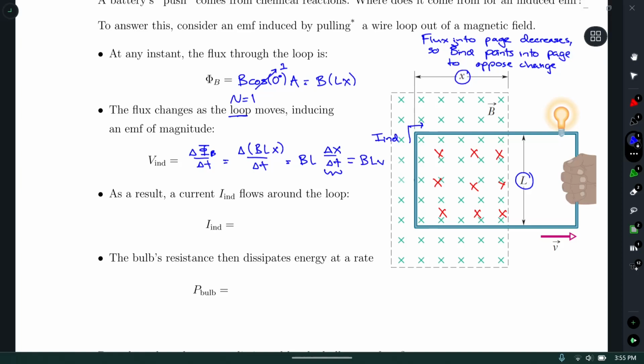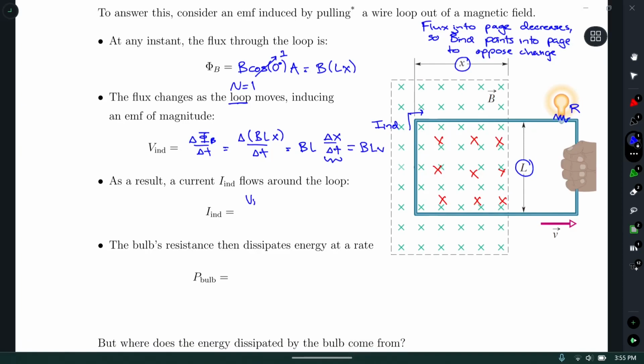So the current comes from knowing the resistance of everything in our circuit. That will primarily be the resistance of the light bulb in this case. It acts like a resistor. And so from the relationship between current, voltage, and resistance, we can write that as the induced EMF over resistance, or substituting in from above, we get that right there.